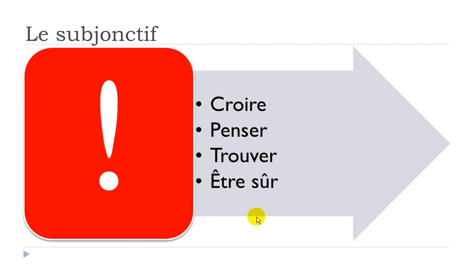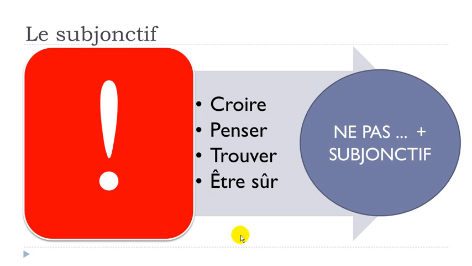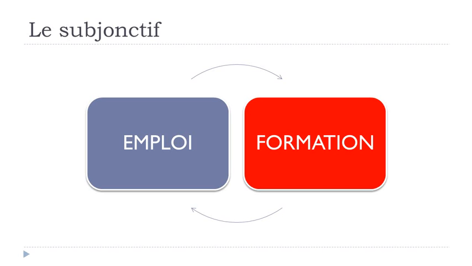But when you put these verbs in the negative form, they should be followed by the subjunctive. So keep that in mind: croire, penser, trouver, être sûr. If you want to use these verbs in the negative form, they should be followed by the subjunctive. Let's see now how we'll make this subjunctive form.